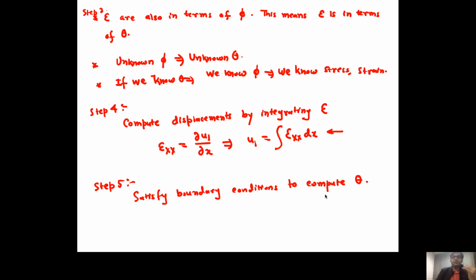And that's it. Once you know theta, you know u1, u2, epsilon xx, epsilon yy, sigma xx, sigma yy. Basically, everything becomes a known quantity to you, right? So that is the idea behind Airy's stress function.